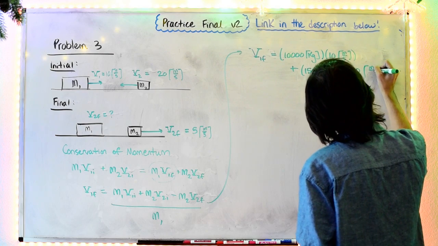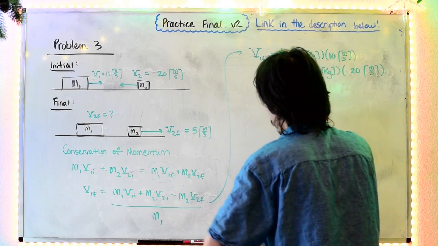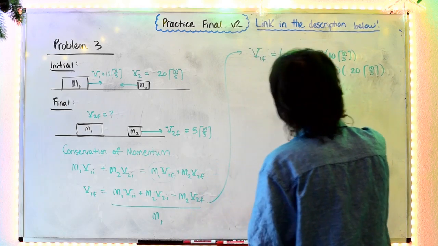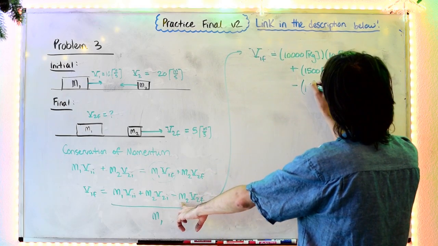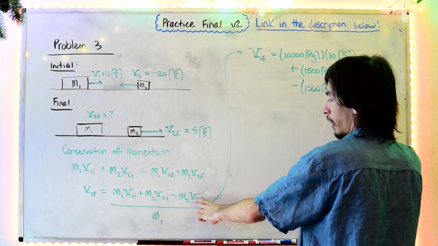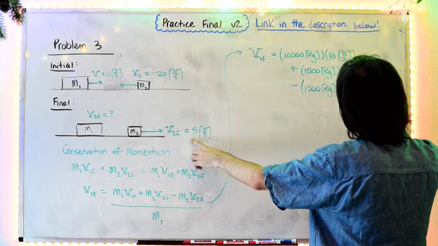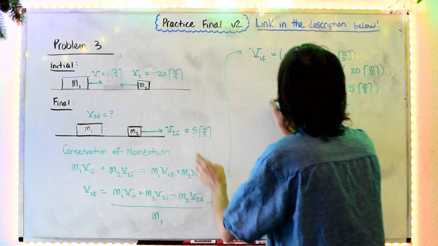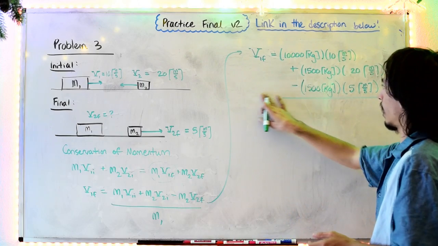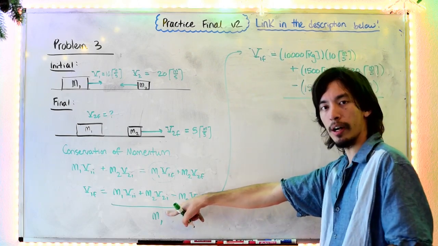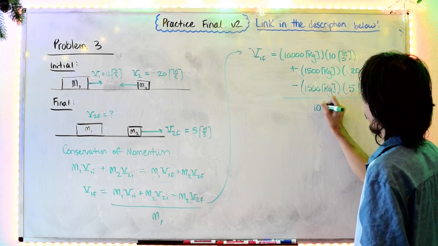And then the last term, we're going to subtract that. So minus m2, which is the car, so 1,500 kilograms. And we said after, the final speed was 5 meters per second. All of this gets divided by mass 1, which is the truck, so 10,000 kilograms.